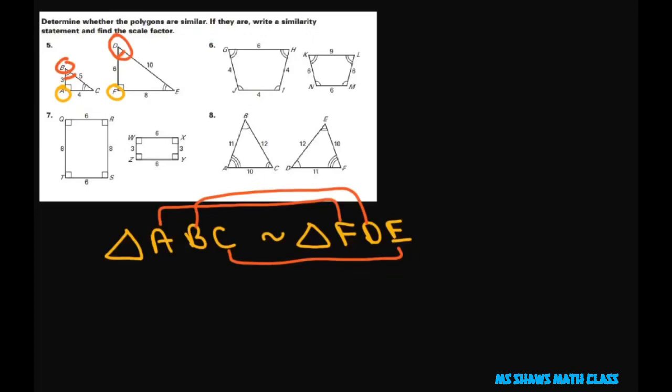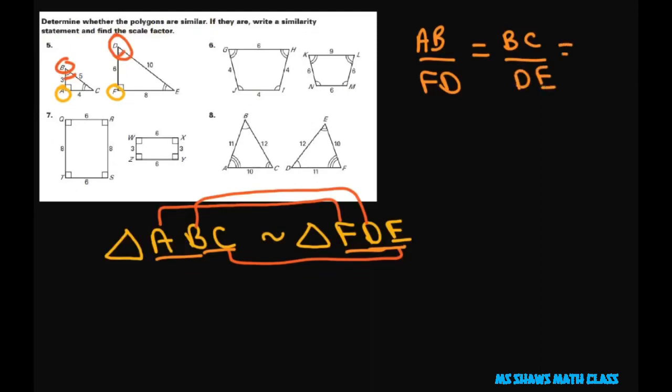So we can state that, let's write a proportionality statement. AB, looking at here, should equal FD, should equal BC to DE equals CA over EF.